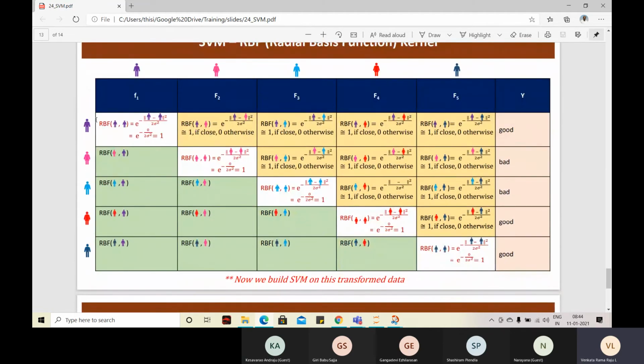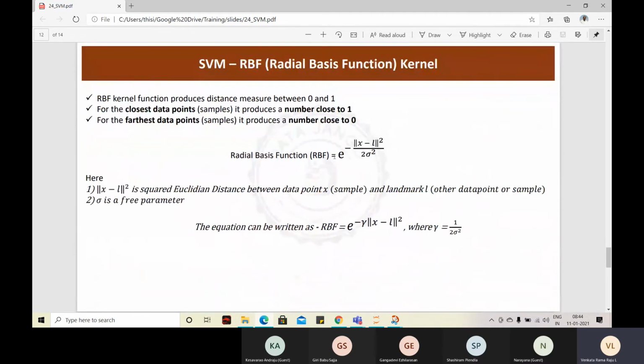When you take this first record as the one you are trying to calculate Euclidean distances for, then all the other records become landmarks. So first record minus landmark 1, landmark 2, landmark 3, landmark 4, landmark 5. All the other data points are called landmarks. That's it, simple.